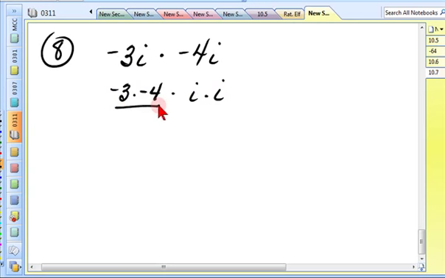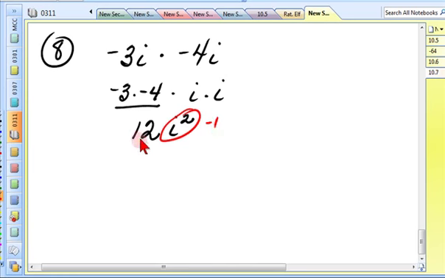So the coefficient will be what? Multiplying, 12. And what's i times i? i squared. But we don't ever leave an i squared because we know it has a real value. What is the value of i squared? -1.